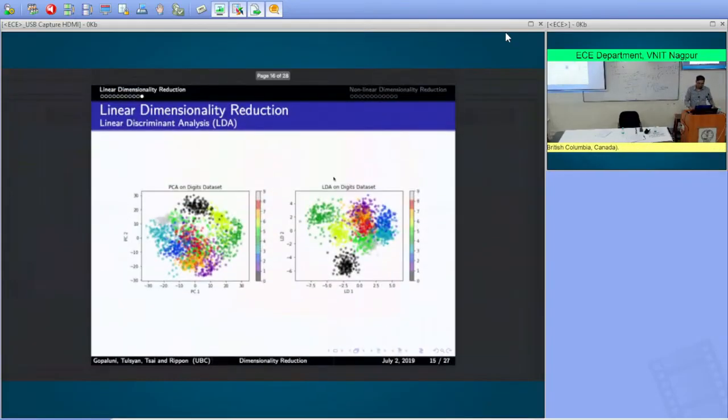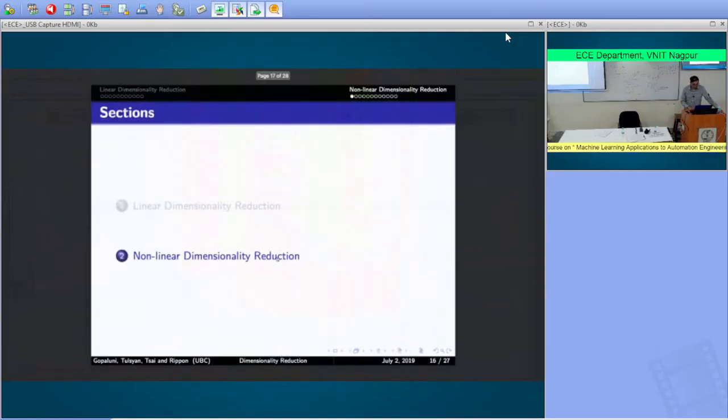Now, there are lots of data sets where you cannot use linear tools for dimensionality reduction. You have to use nonlinear tools. So that's where nonlinear dimensionality reduction comes in.